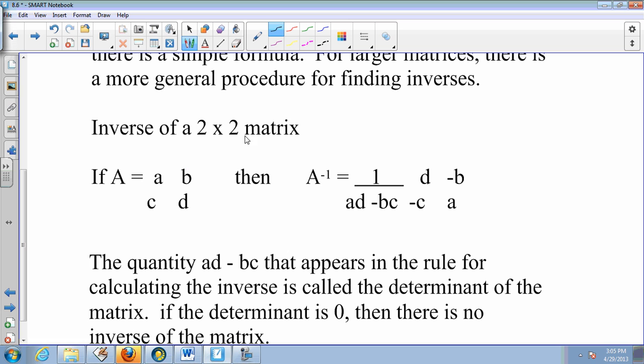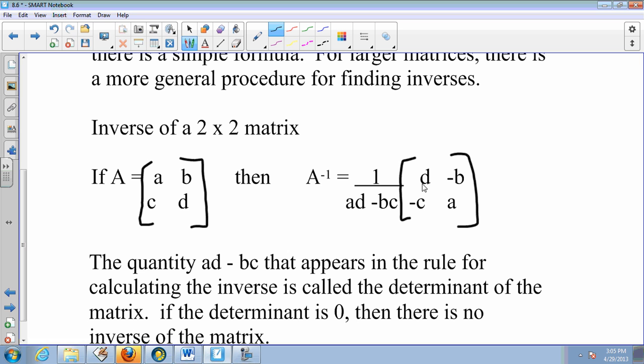So to find the inverse of a 2 by 2 matrix, you have matrix A, 2 by 2, a, b, c, d. The inverse, you take 1 over ad minus bc, and that becomes a scalar. It's going to become a number, a fraction. And then you're going to multiply it by the matrix d, negative b, negative c, a.